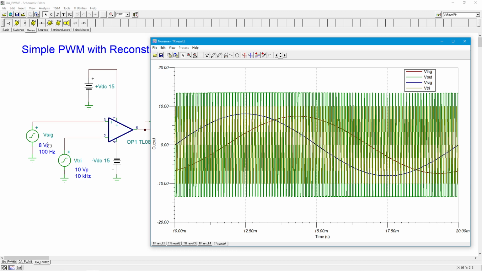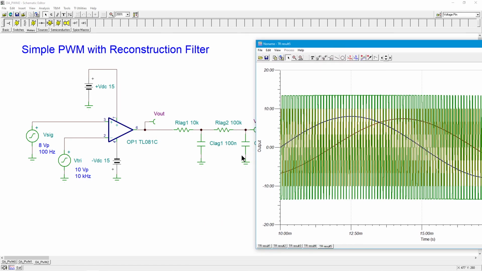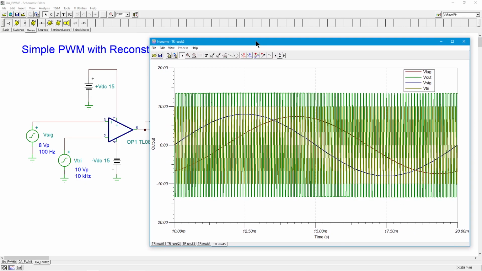But in any case, there are going to be harmonics there. Are you going to get the exact same waveform? No, because the lag network here is going to filter out some of the harmonics of that tuba solo that you're listening to.